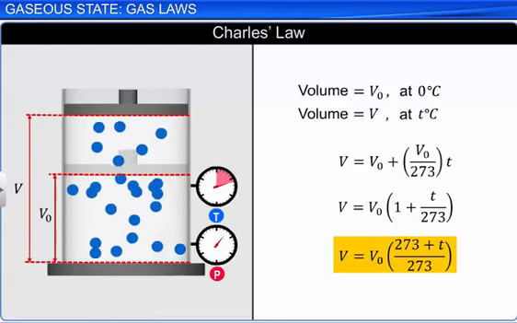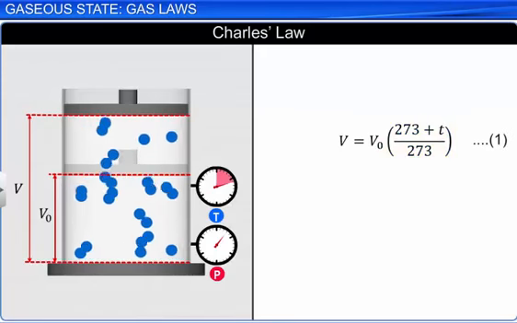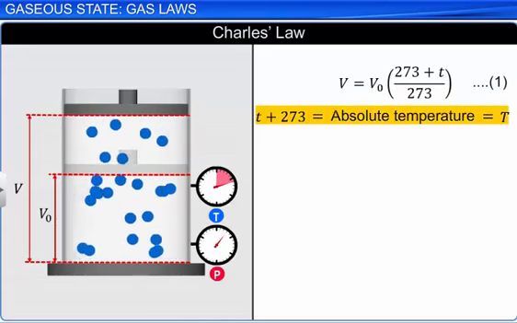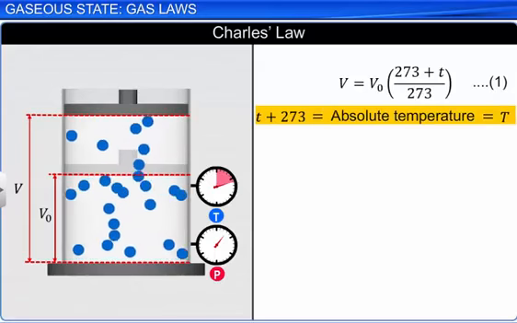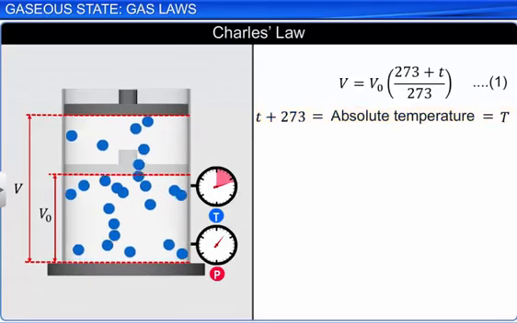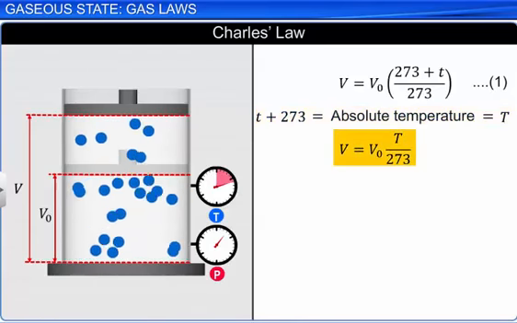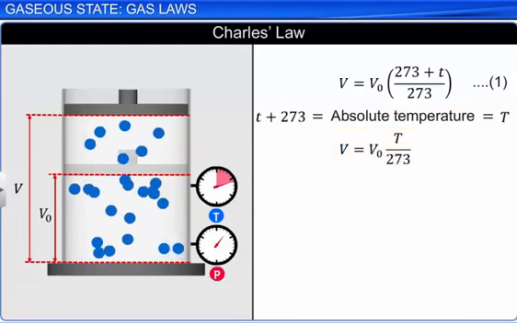We know that T plus 273 is nothing but absolute temperature in Kelvin scale. Writing T plus 273 as T, we get V is equal to V0 into T divided by 273. But for a given mass of a gas, V0 by 273 is equal to constant.